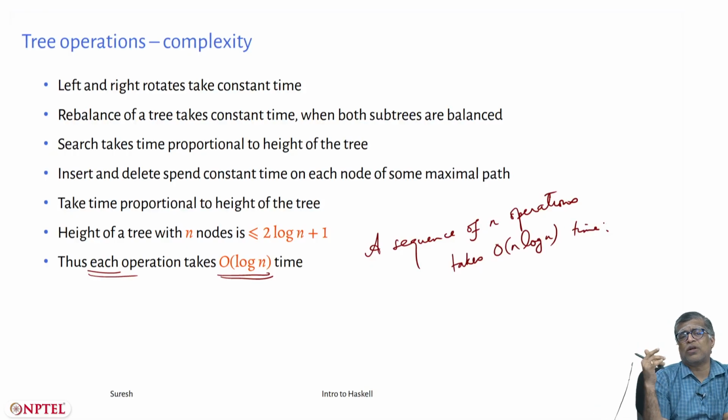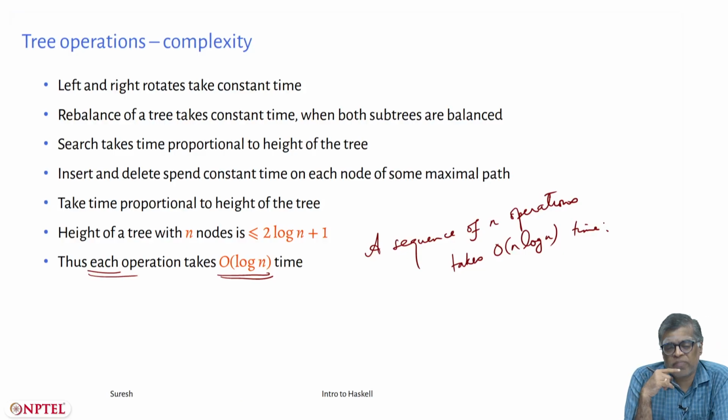So, if you imagine, if I keep inserting one element after another into the AVL tree, start with an empty AVL tree and I keep on inserting one element after another, so I can crudely say that, let's say I insert 100 elements, even though the tree height might not be this at all times, I will say that the maximum tree height I will ever reach will be 2 times log 100 plus 1.